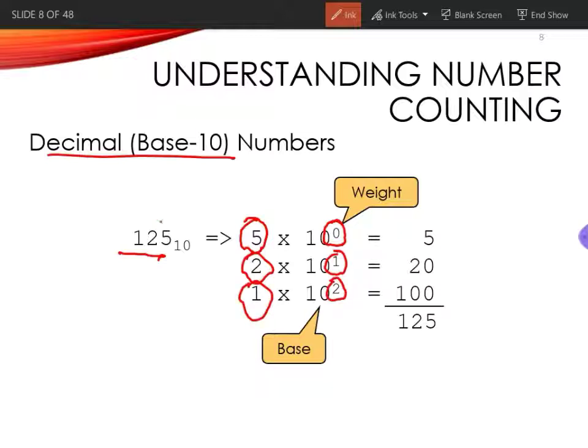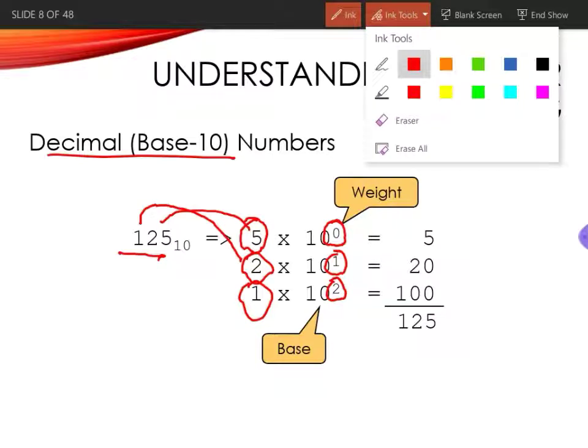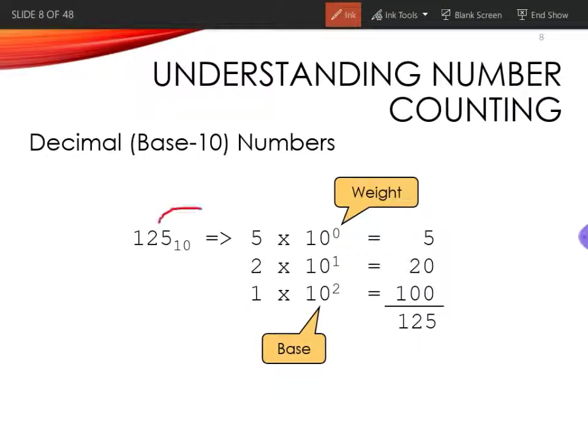So 5, then 2, and then 1. The positions go from right to left in a 0, 1, 2 increasing sequence.